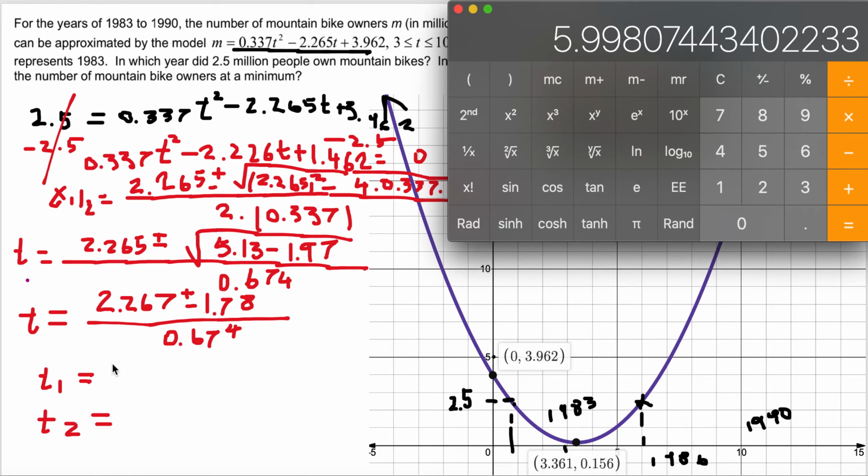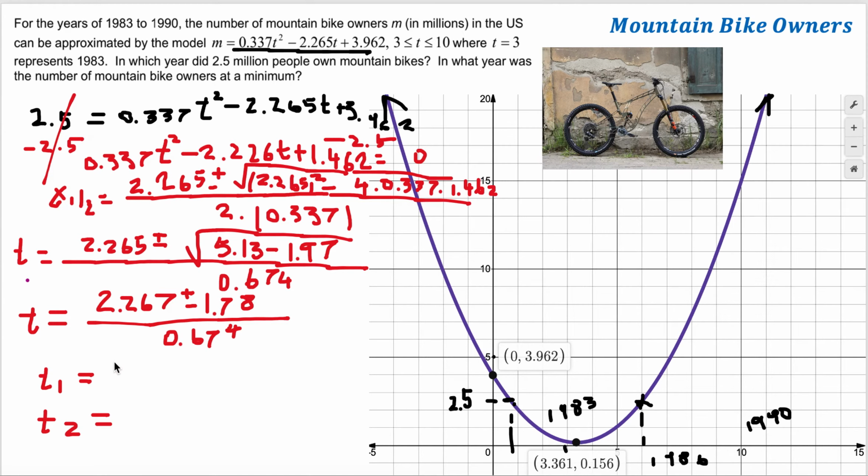So it's approximately 6. So t here is 6, because here is 1, 2, 3, 4, 5, 6. So t is equal to 6. This is what we got here.